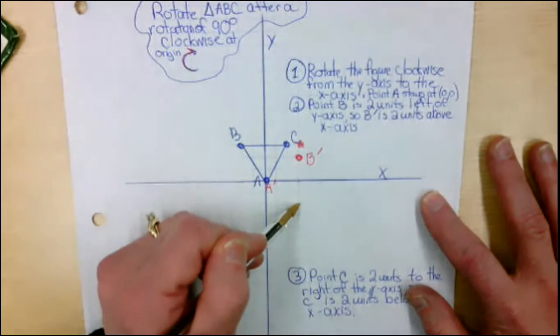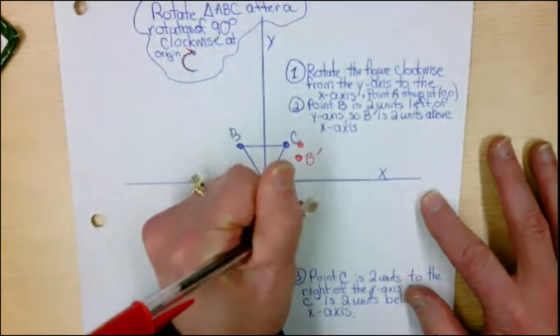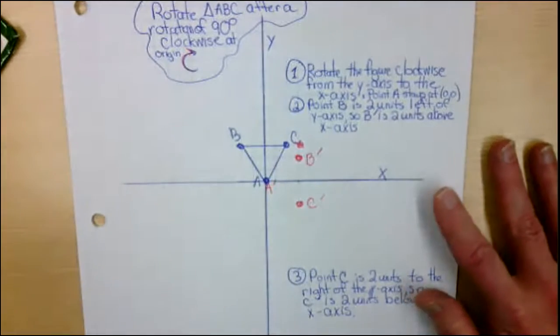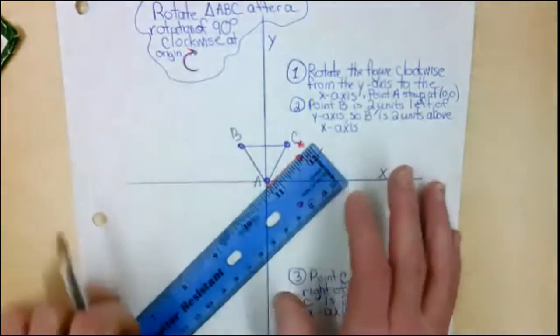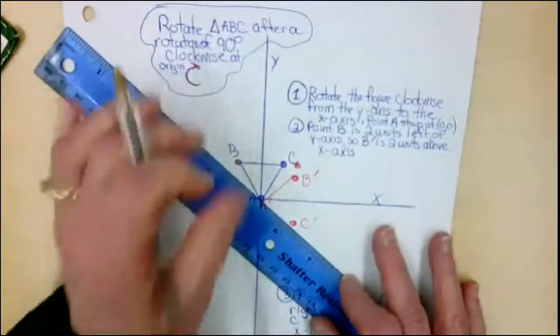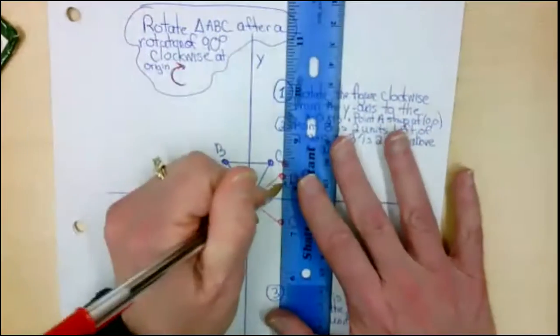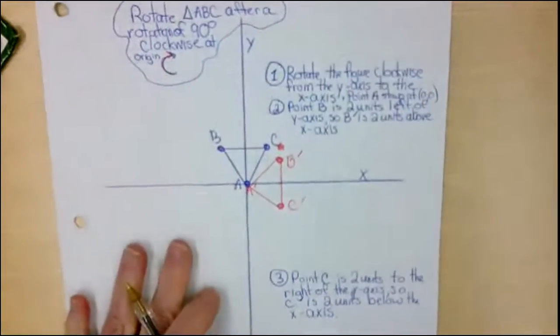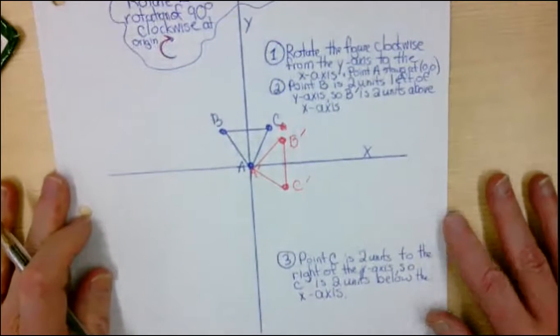Going to be 3, -2. Yep, in the right spot there. So that will be our rotation. Let's connect our dots here. There it is. That's our rotation of 90 degrees clockwise for our triangle.